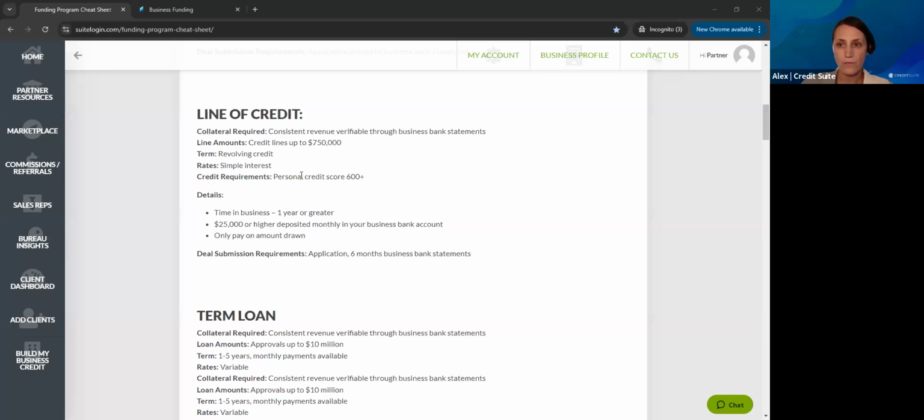The approval amounts for cash flow financing are going to be very similar to what they make in 1 month. So if they're making $40,000 and they've been doing that consistently the last 6 months, then it'd be pretty realistic to think they can get a $40,000 line of credit.